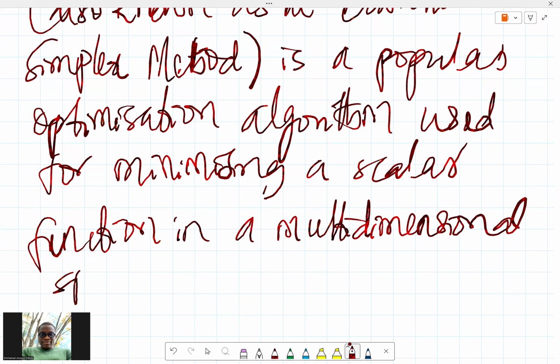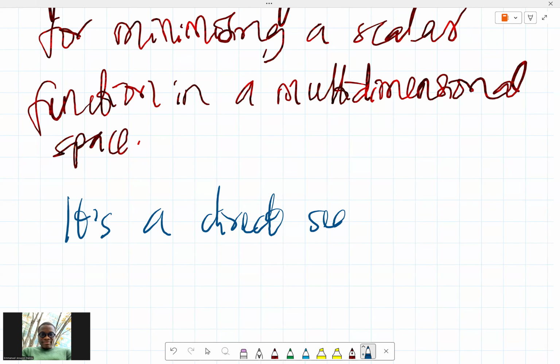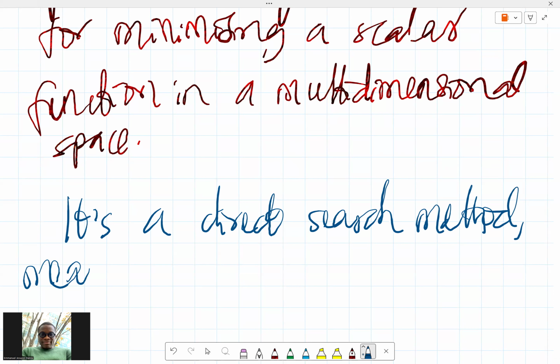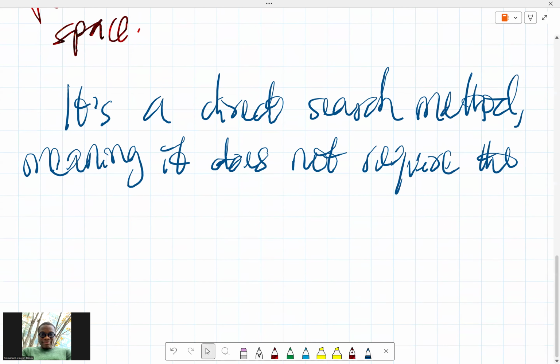It's a direct search method, meaning it does not require the gradient, and that's why it is derivative free.